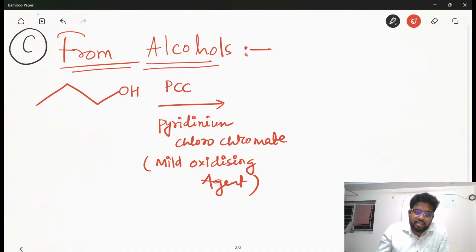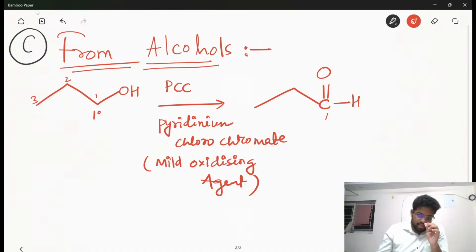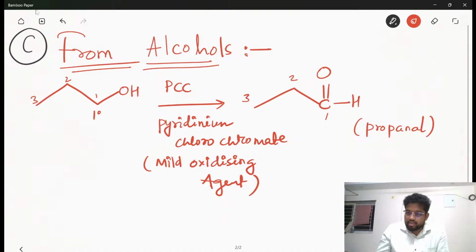It should react with 1 degree alcohol to give us the respective aldehyde. So, you see the number of carbons here: 1, 2, 3. So, what is the product I am getting? 1, 2, 3. Propanal. Very good. It's a mild oxidizing agent.